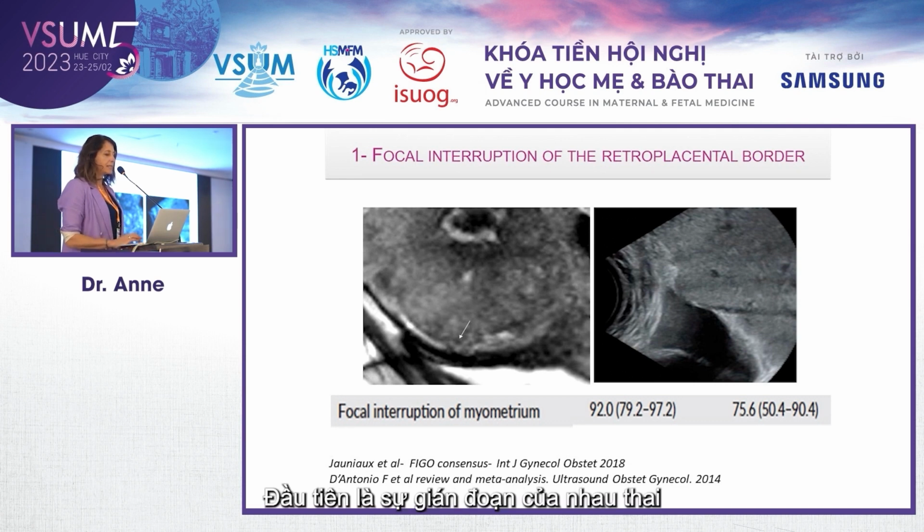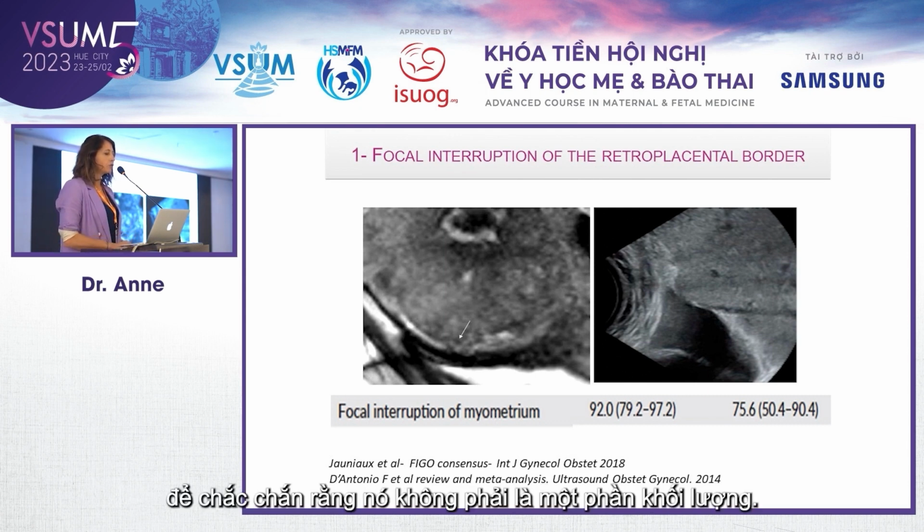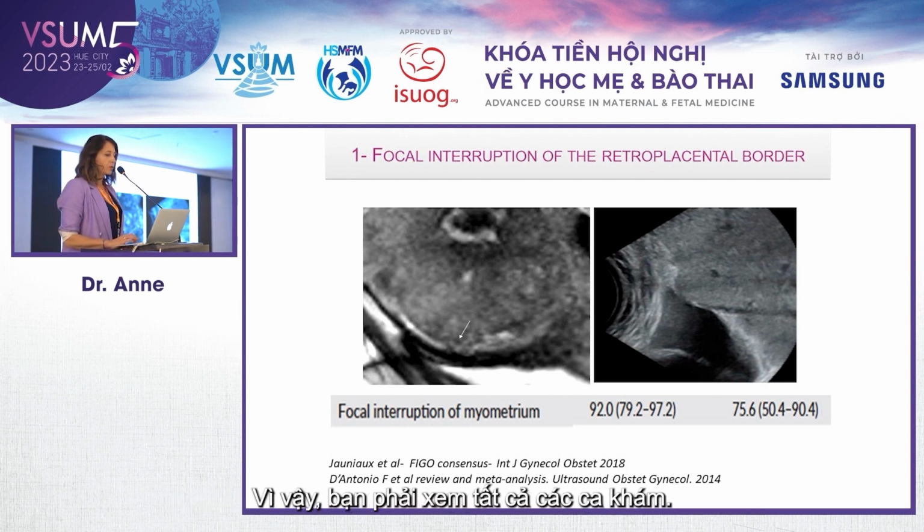First is the interruption of the placenta, and you can see here that when you follow the line between the myometrium and the placenta, there is an interruption here with the exophytic placenta through the myometrium, which means that it's probably a placenta accreta. But you have to compare this image with 2 other planes, the sagittal one and the coronal one, to be sure that it's not a partial volume. So you have to see the whole examination.